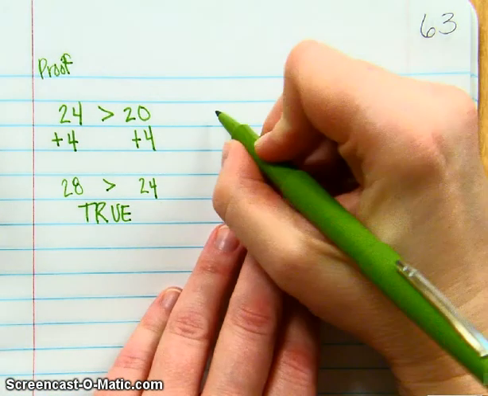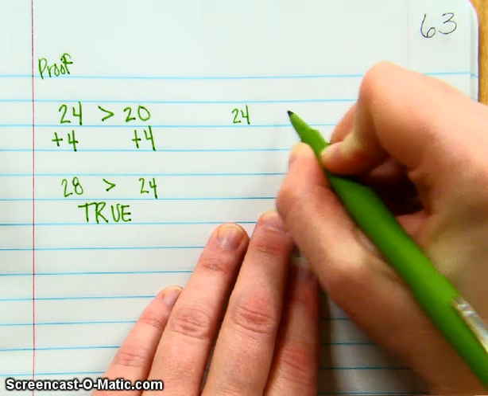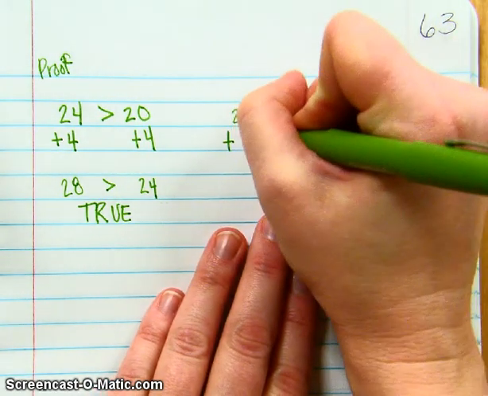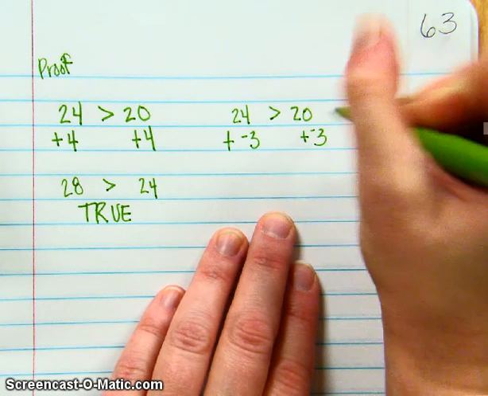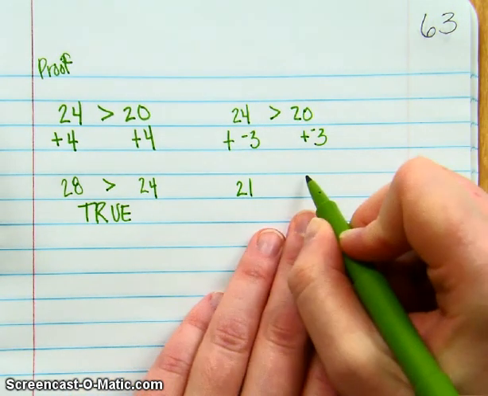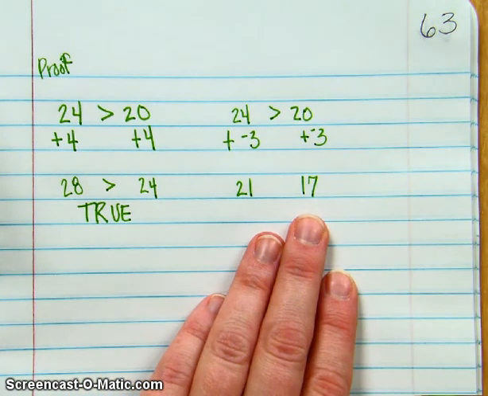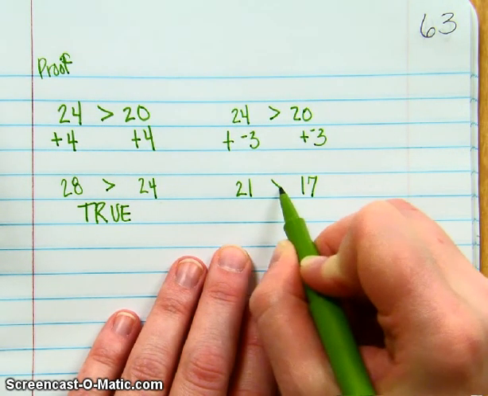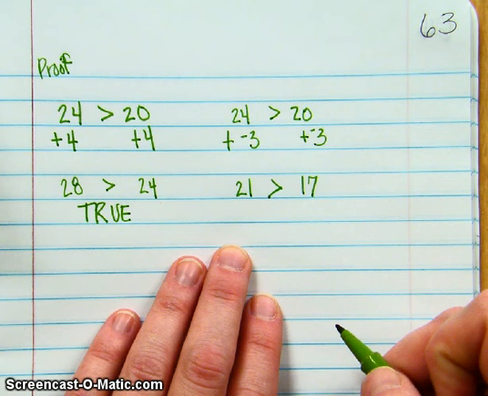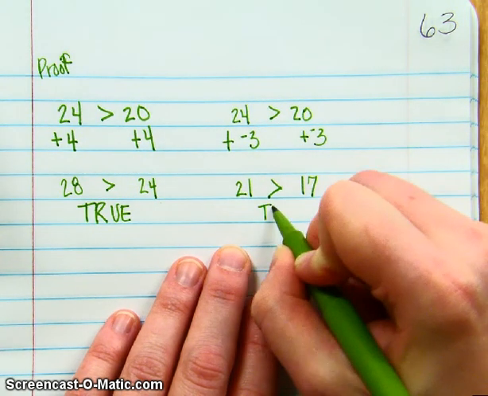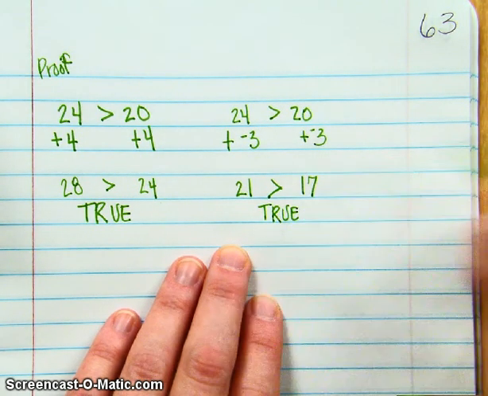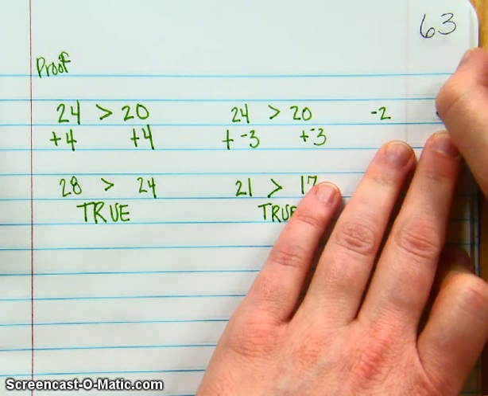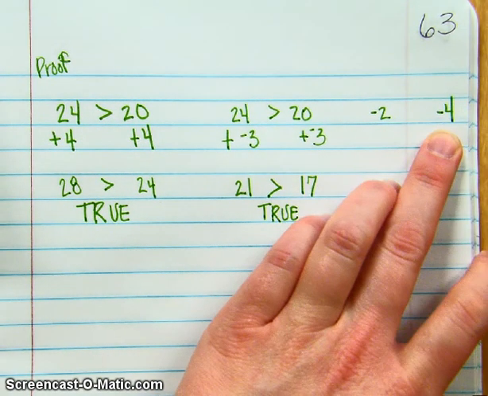What if I added a negative? What if I added negative 3? This would be 21. This would be 17. And 21 is still bigger than 17. What if I started off with negative 2 and negative 4?